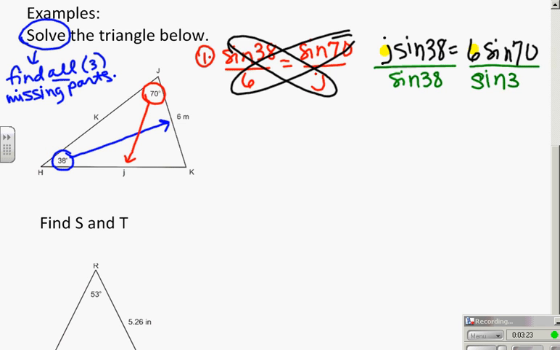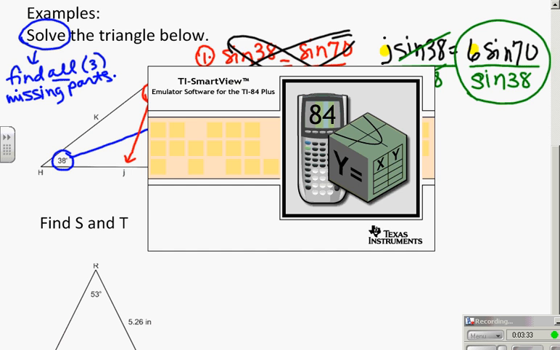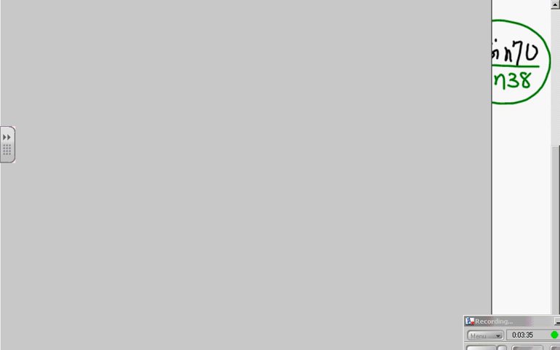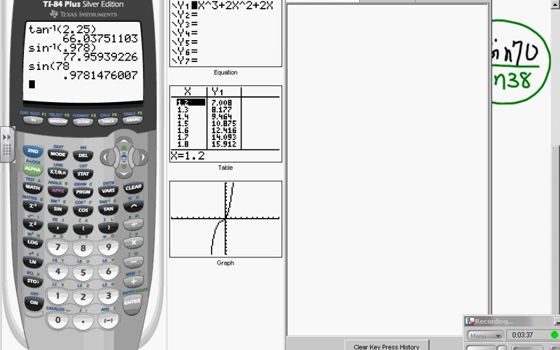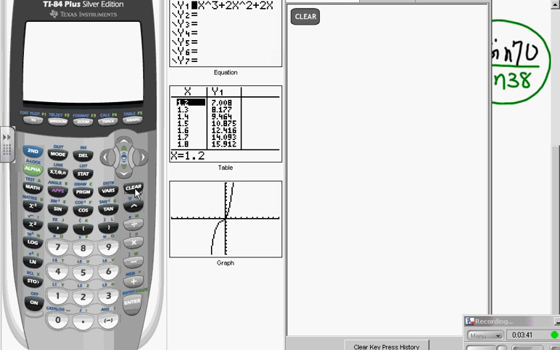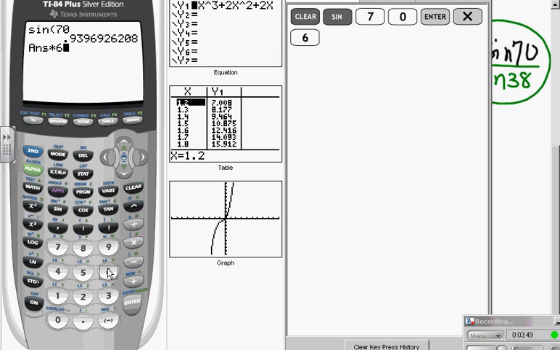That is a number, some decimal that's less than 1. Sine of 38 cancels with sine of 38. This gets put into your calculator. And I will continually stress to be very, very careful with how you enter these things into the calculator. So I usually do the sine first. On these calculators, you do sine 70, and I'm going to hit enter.